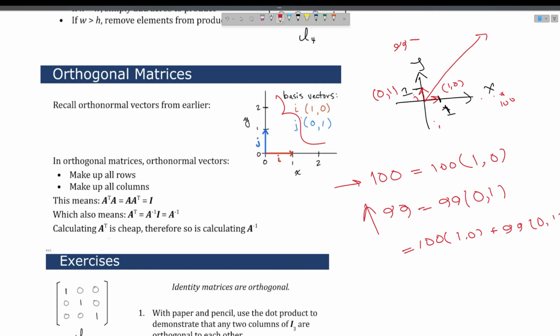But here you can see these two basis vectors are in a way that there is a 90-degree angle between them. That's the point. That's what we are looking for here. You can call them orthonormal vectors.